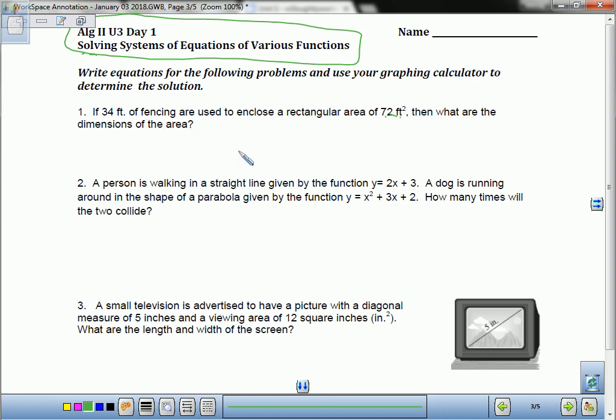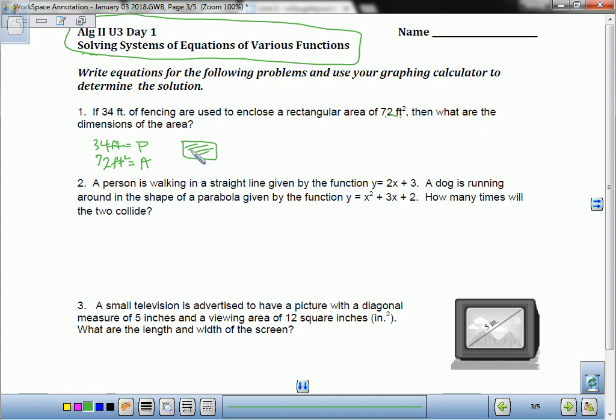So we have two things here. We have the length around the courtyard, the fencing, so that's perimeter. So the first thing is perimeter. The perimeter equals 34 feet. The second thing we have is the space inside. Space inside is area, and the area is 72 square feet.